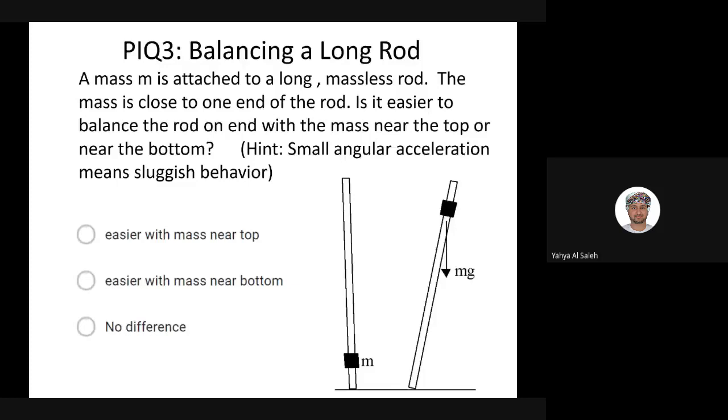Okay, so we have about 20 odd people saying near the bottom. We have 3 people saying near the top, and 1 person saying no difference. Well, let's try it out. Okay, let the mathematics speak.